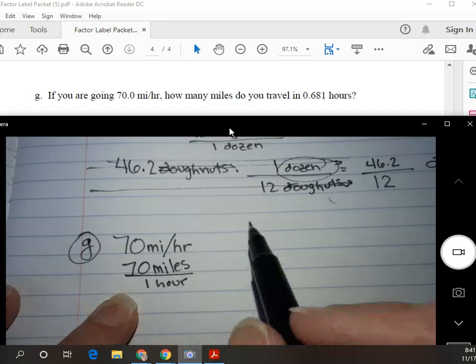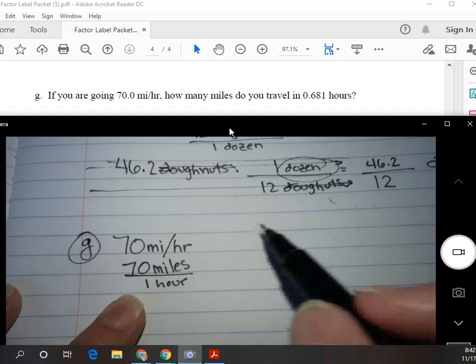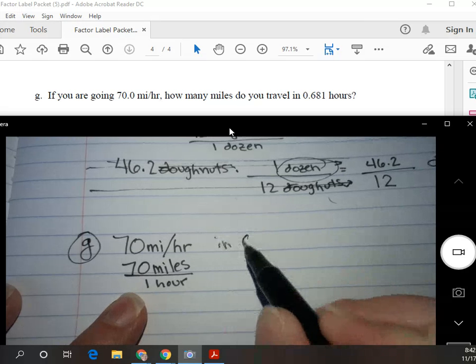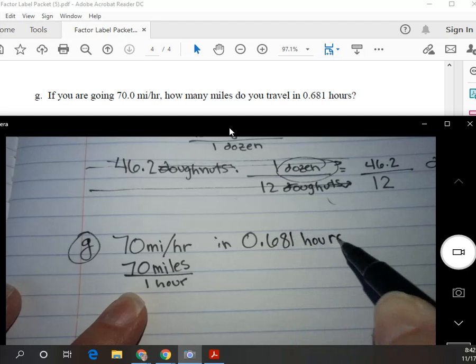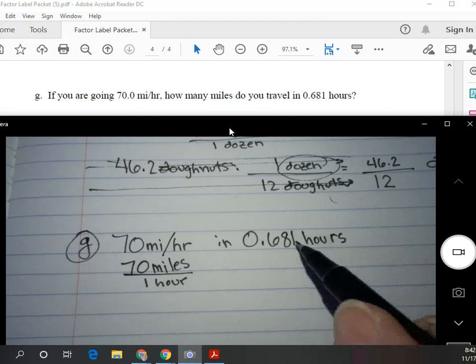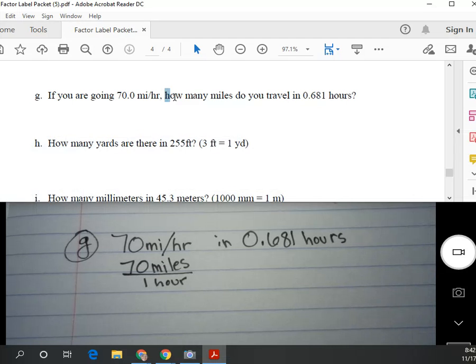How many miles do you travel in 0.681 hours? Now, when I look at that, it's hard to tell what it's really asking. So you got to go back to the question and say, okay, where's the question here? It says, how many miles?